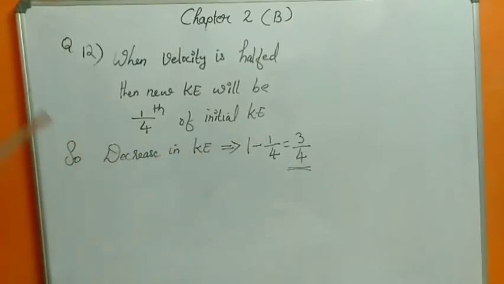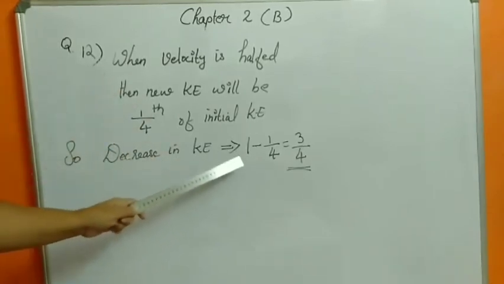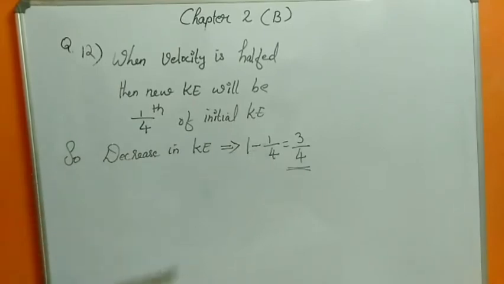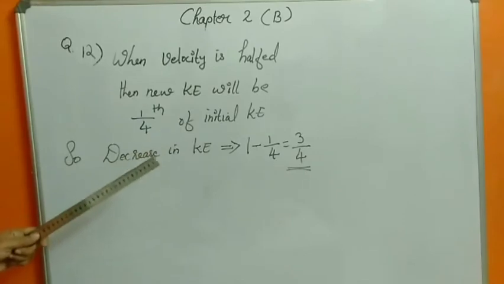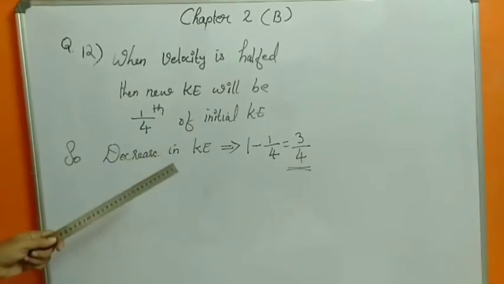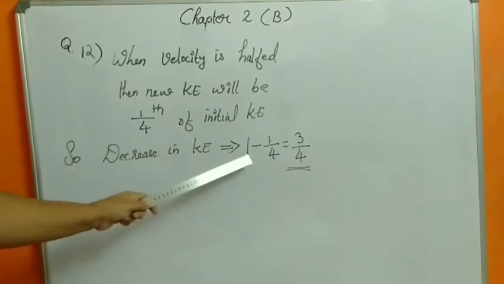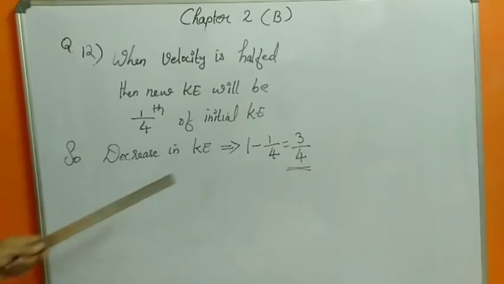Initial kinetic energy, simply KE, we will say it as 1 into KE. In question number 11, we got final KE is 1/4 of initial. So from initial kinetic energy 1, we are subtracting 1/4. Then we will get 3/4.